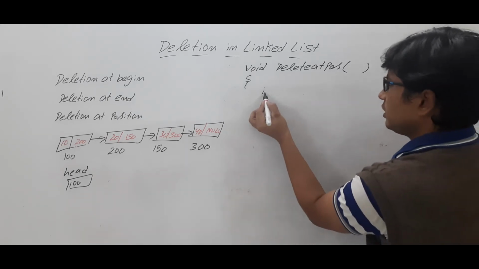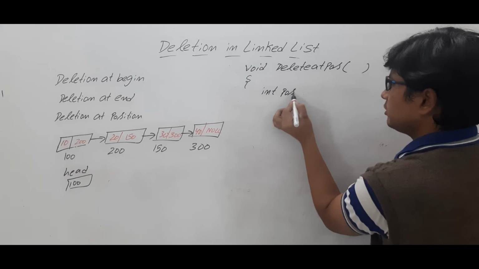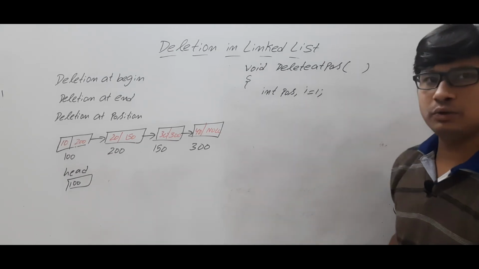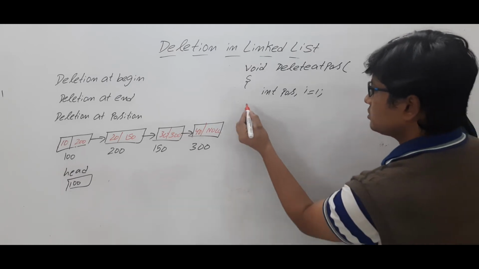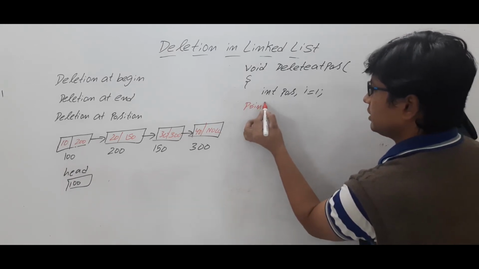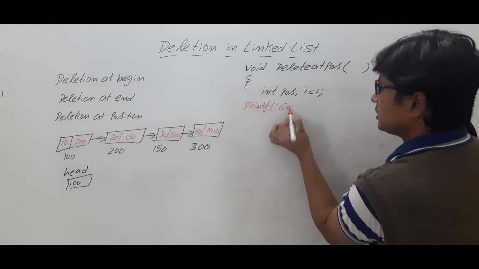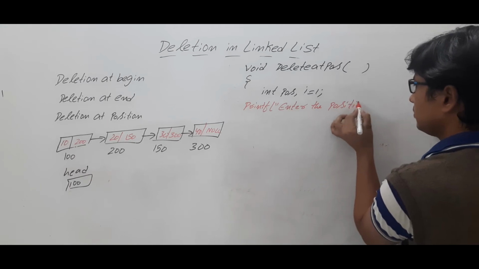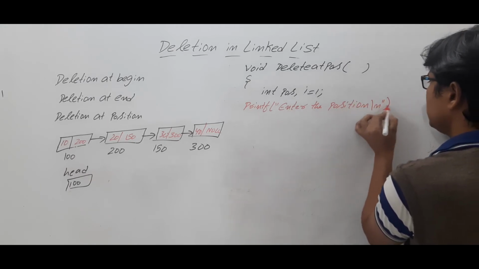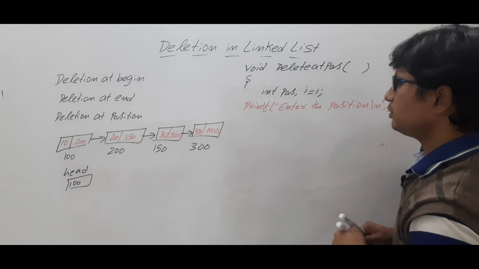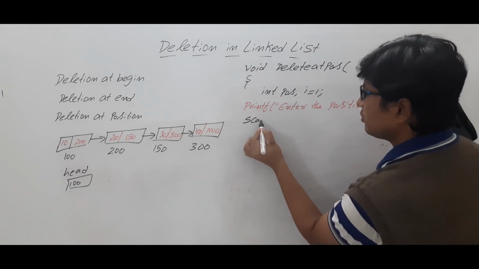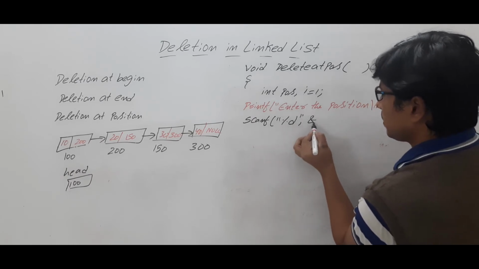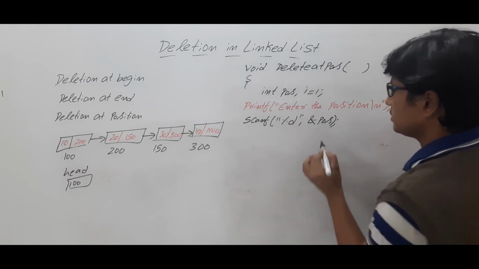First I will declare the variables POS and I, and initialize I equal to 1. I will ask the user to enter the position: printf enter the position. Once the user has entered the position, it is our duty to read it with the function scanf: scanf %d, ampersand POS.